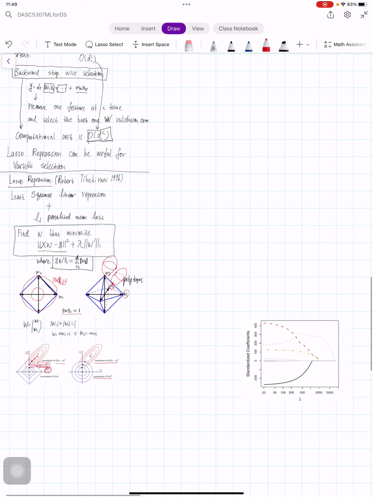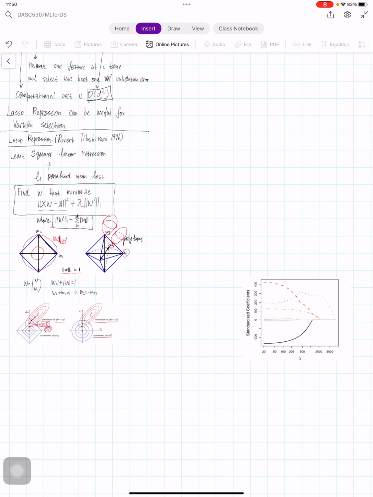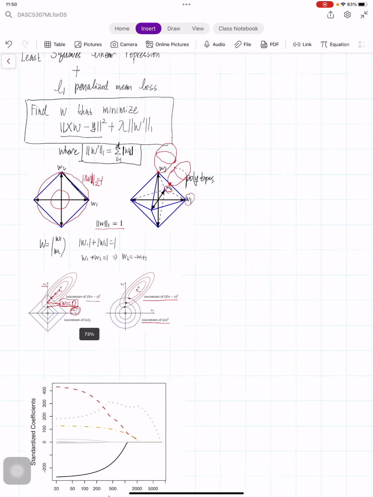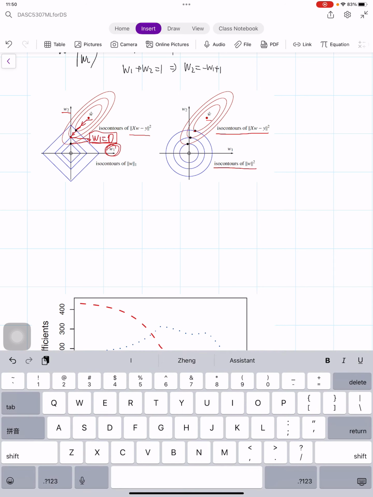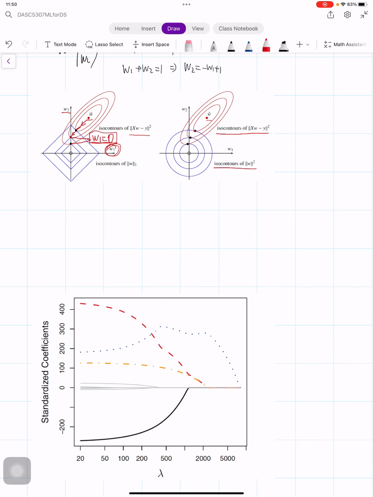For example, I'll give you another plot here. Each feature represents a line. In this example, you can think of X1, X2, X3, X4, X5, X6, X7, so we have 7 variables. Initially, if we give a small penalization, all the variables have non-zero coefficients.